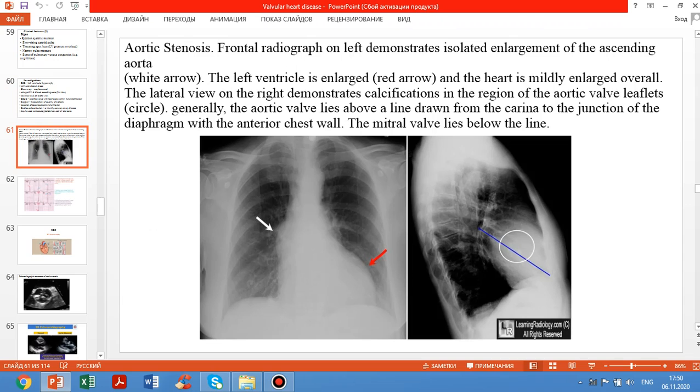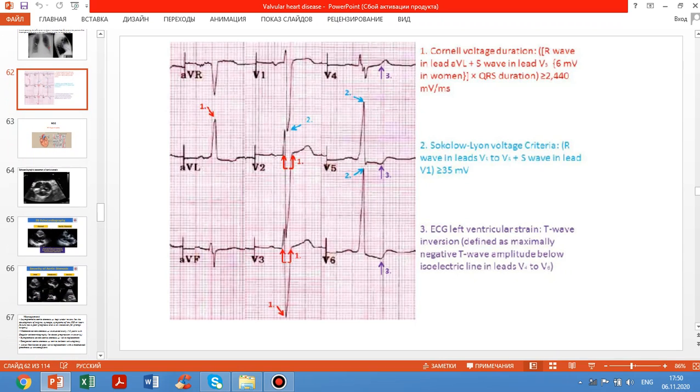The lateral view on the right demonstrates calcification in the region of the aortic valve leaflets. Generally, the aortic valve lies above the line drawn from the carina to the junction of the diaphragm with the anterior chest wall. The mitral valve lies below the line.